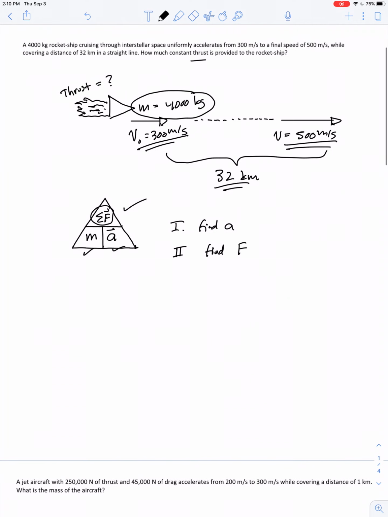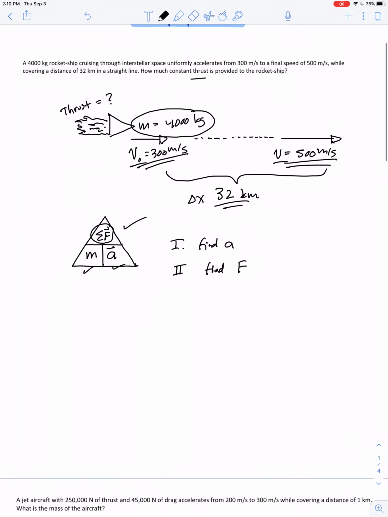So let's figure out, we've got a displacement, an initial velocity, a final velocity, and we need acceleration. So there's no mention of time. We want to use that kinematics equation that doesn't involve time. So this is the equation v squared equals v initial squared plus 2a delta x.